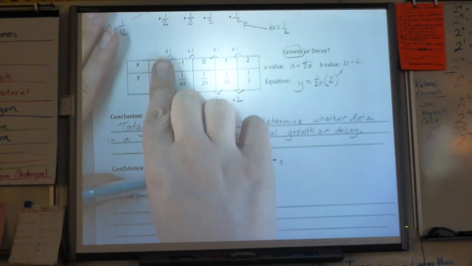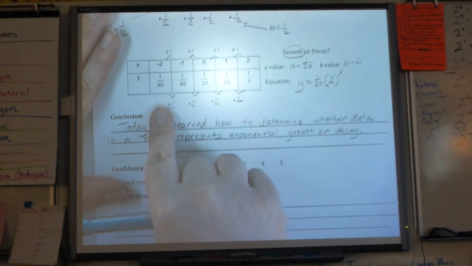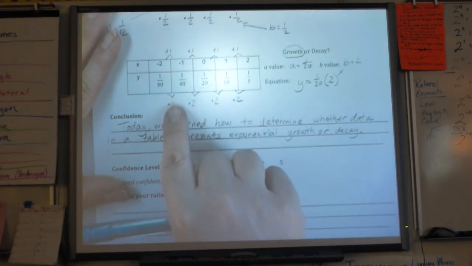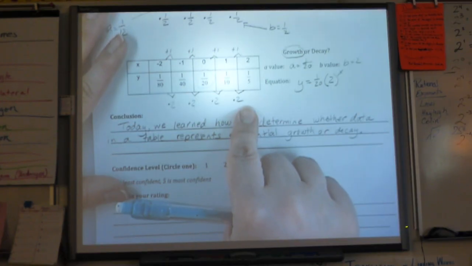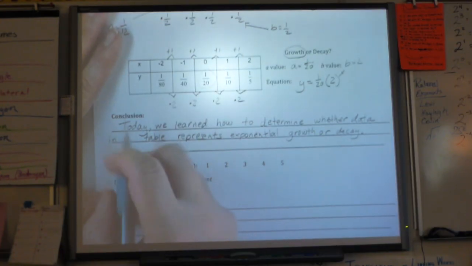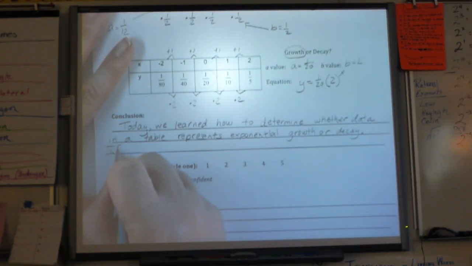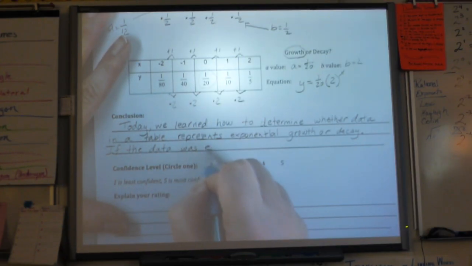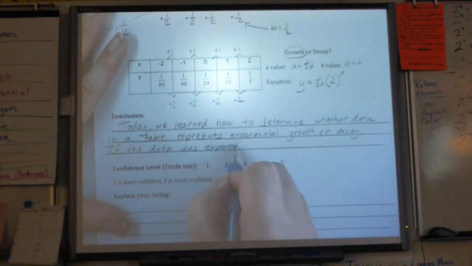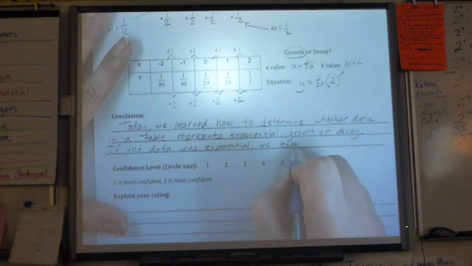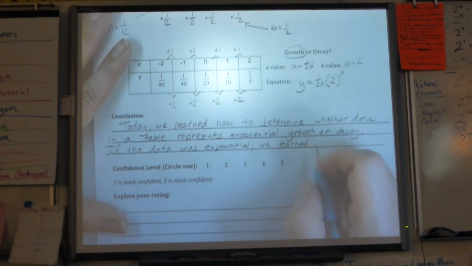We checked that by looking for, as x increased by a constant amount, did y increase or decrease by a constant factor? And these all did. But what if I had times 2, times 3, times 4, times 5? Would that be exponential? No, we would need a constant factor. If the data in the table was exponential, we learned how to write the exponential function from that table.